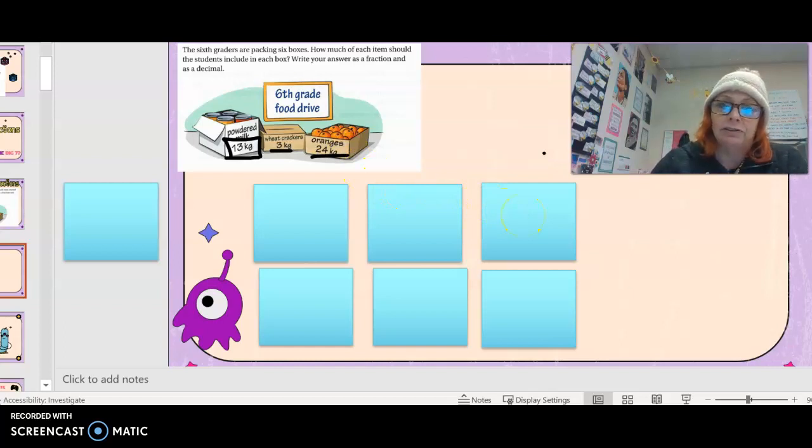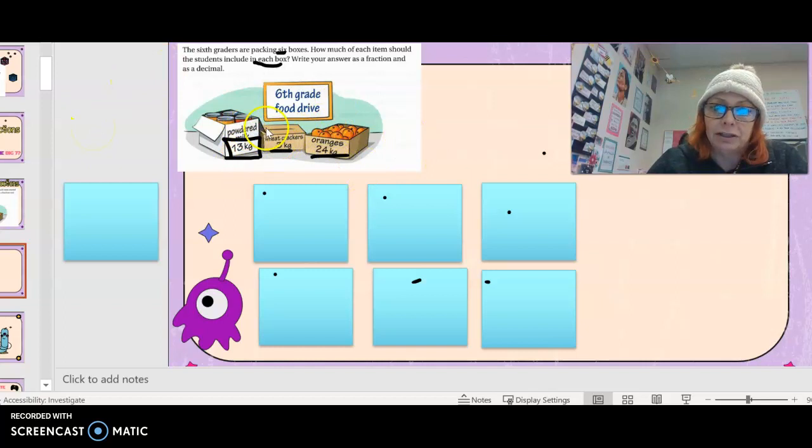And I need to divide it into each box. And how many boxes are there for the 6th graders? There are 6, so I've already done that. 1, 2, 3, 4, 5, 6 boxes down here so that I know I can divide them evenly.